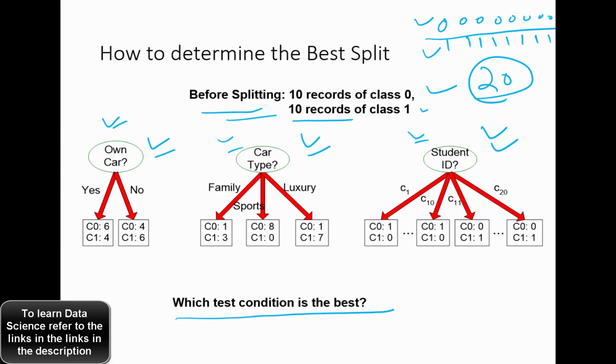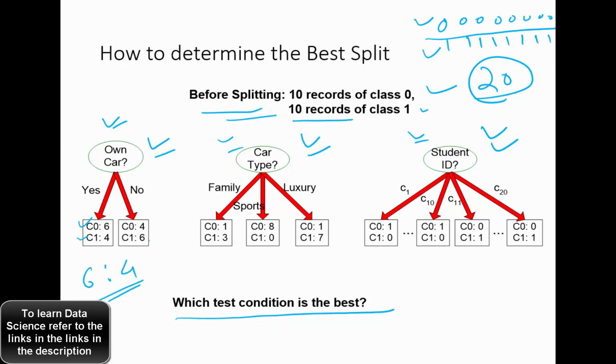For car ownership, yes and no: zeros in the yes case are 6 and in the no case 4, and for ones it's 4 and 6. So for car ownership yes, 6 are 0 and 4 of them are 1. That's 6 is to 4.